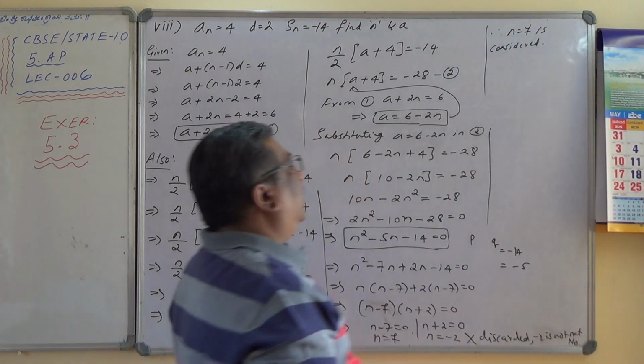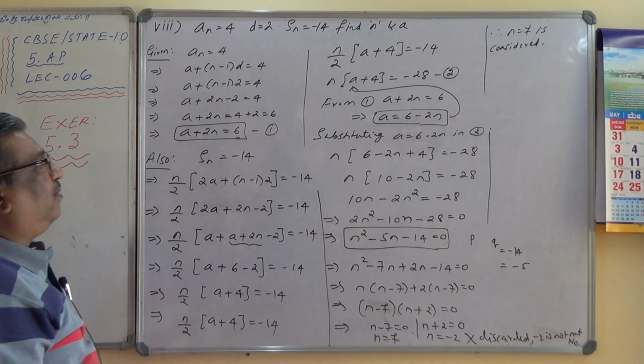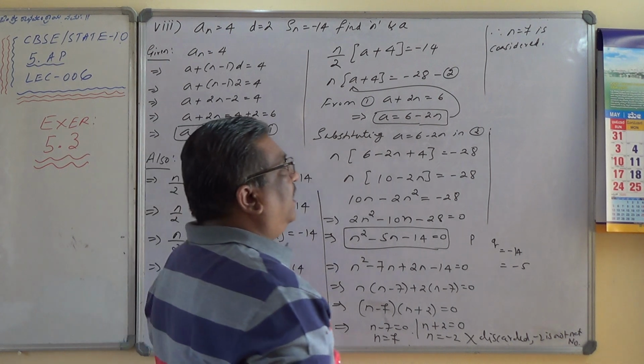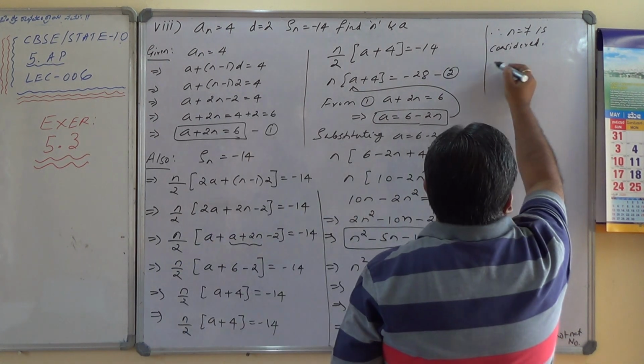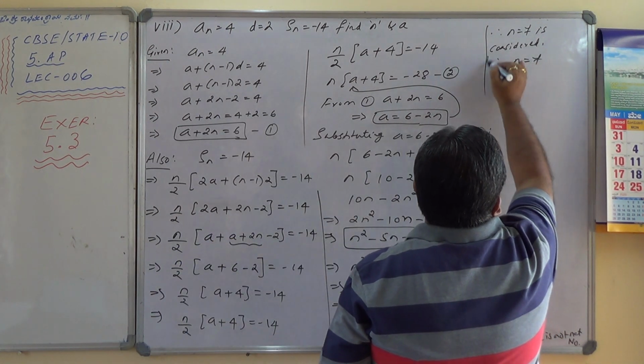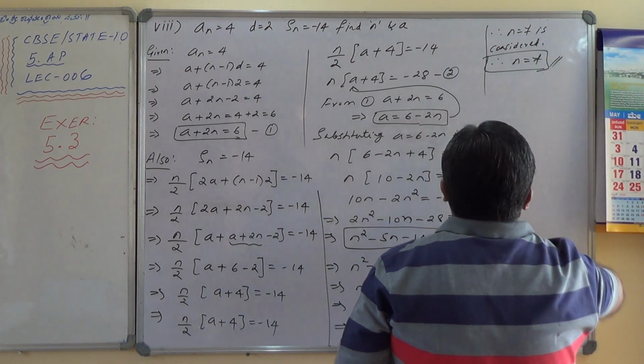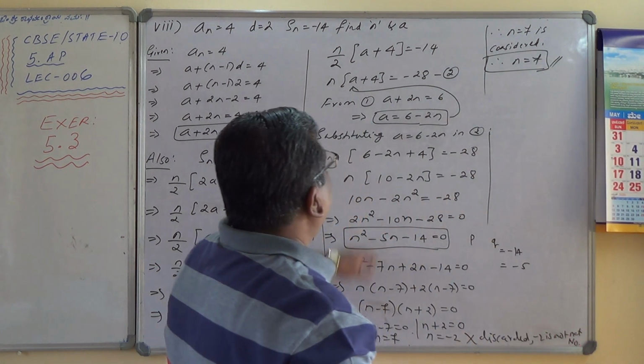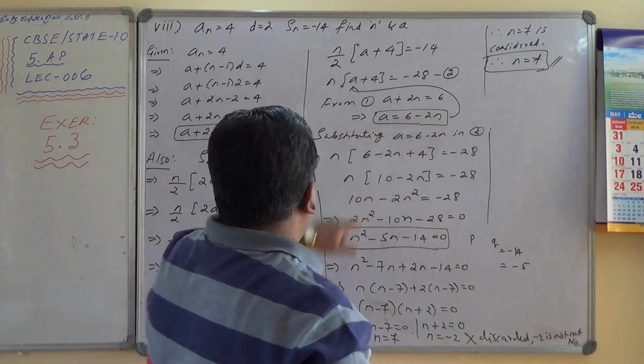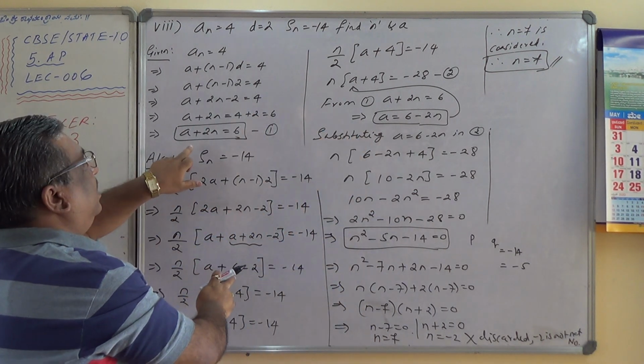Okay, so n equals 7 you got. After that, what do we have to do? We have to find out a here. So let me mark once again, n equals 7. How do you find a? a equals 6 minus 2n, or you can substitute directly in 1.